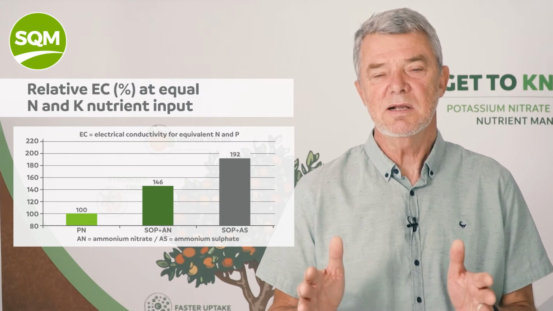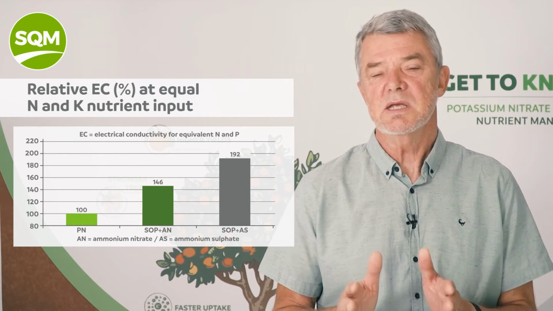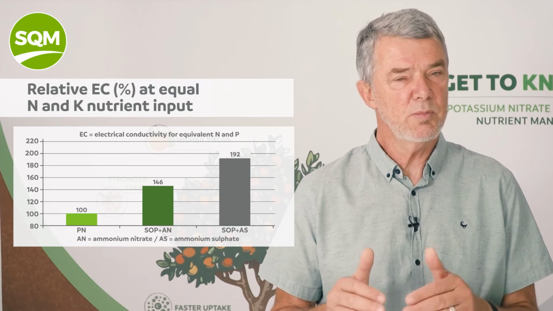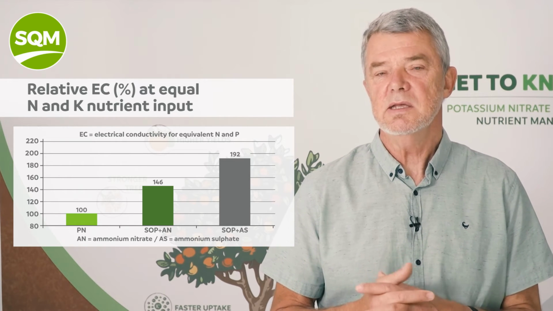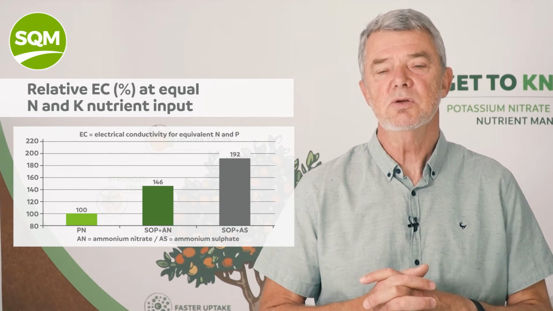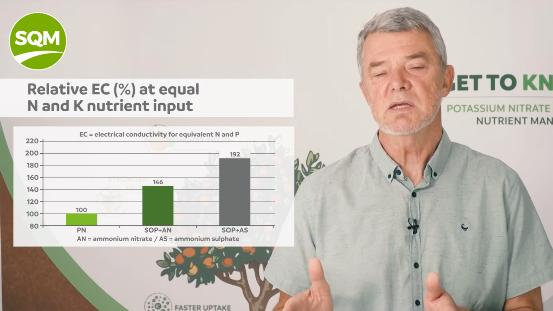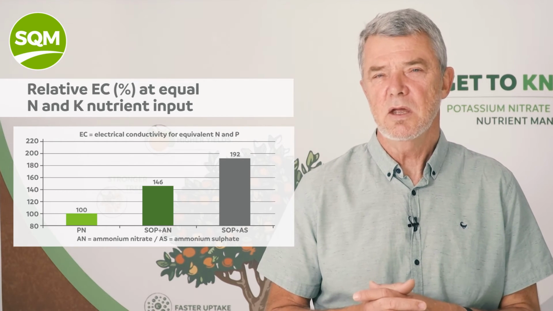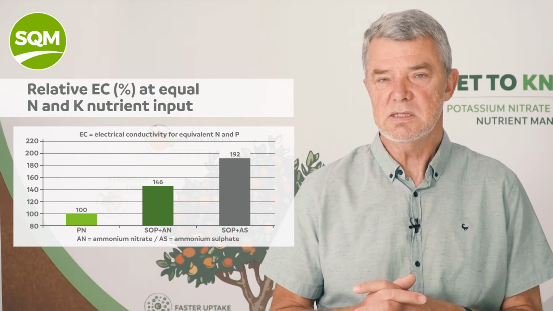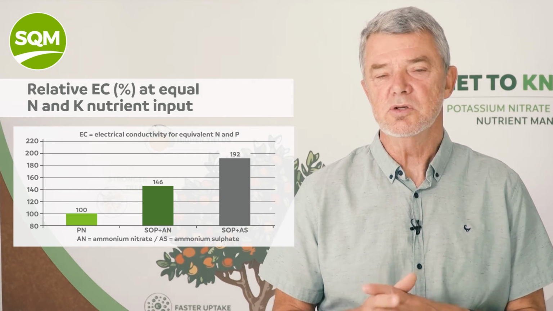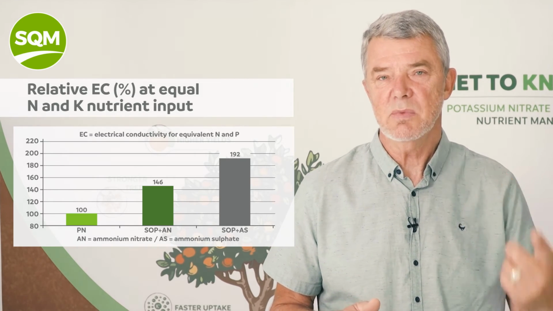And you can see clearly that using potassium sulfate and ammonium nitrate, you're almost 1.5 times higher EC in the soil solution. And if you use potassium sulfate and ammonium sulfate, you are almost double the EC in the nutrient solution. So that is with the same potassium and the same nitrogen.